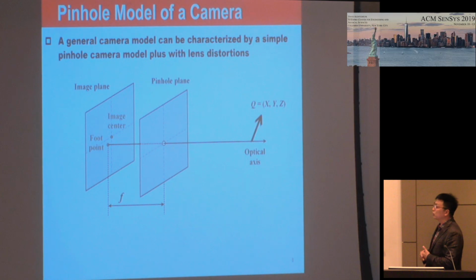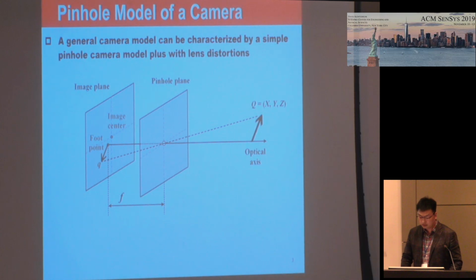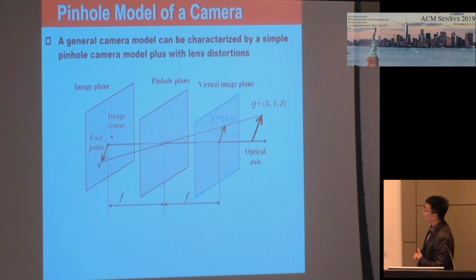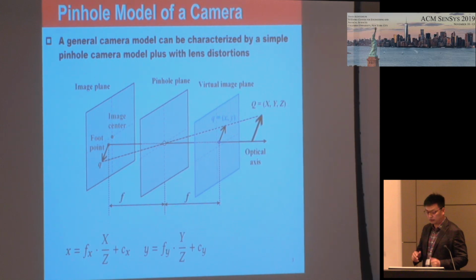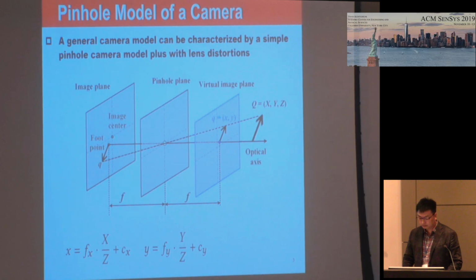A point in the physical world can be projected through the pinhole onto the image plane, which will be the point Q. For ease of representation, we depict a virtual image plane in front of the pinhole. With this model, you can calculate the coordinates in the image plane in pixels, X and Y.